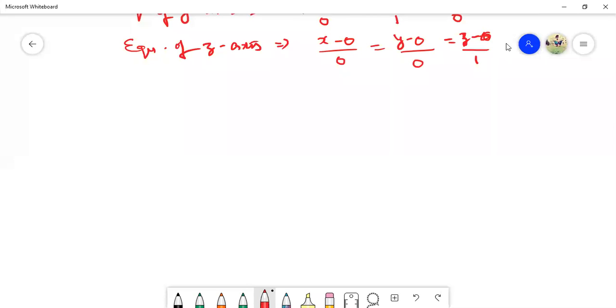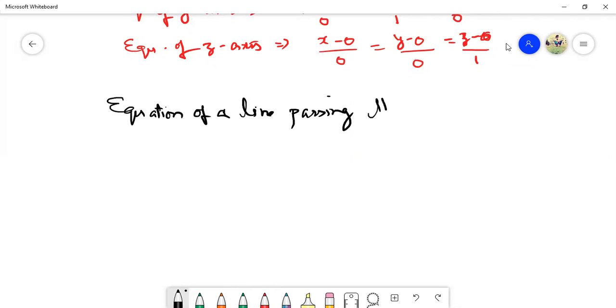Now next is the equation of a line. How to write the equation of a line passing through two given points?